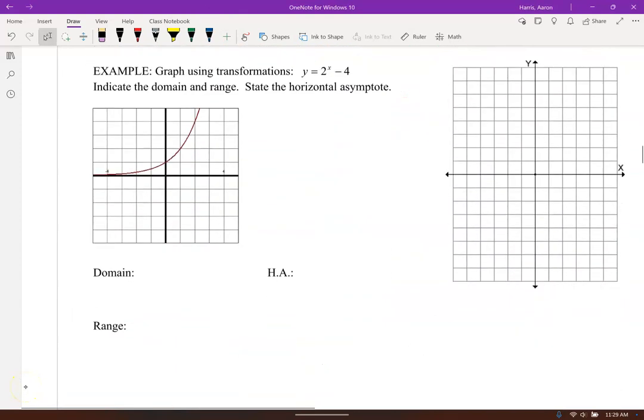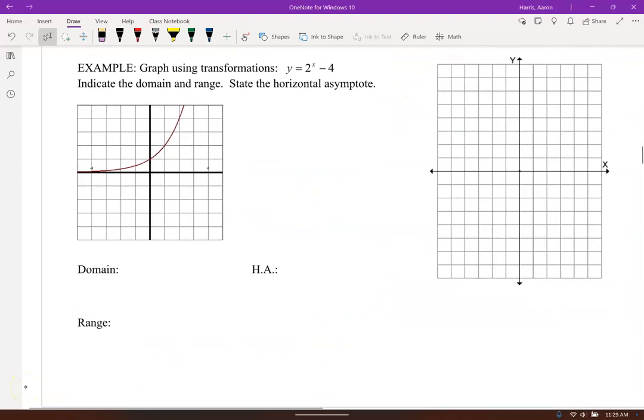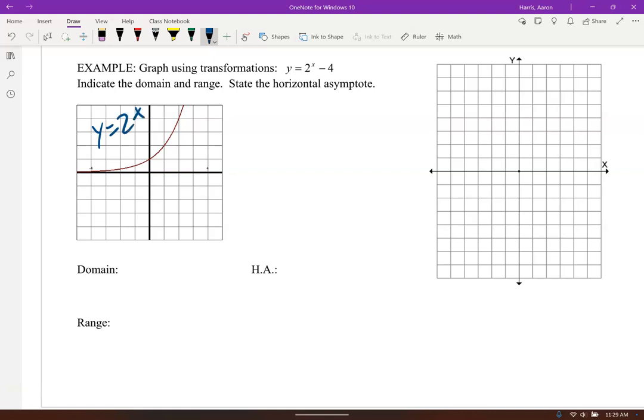All right, let's take a look at some transformations now. So 2 to the x and 2 to the x minus 4. So if you remember, the original 2 to the x is right here. So here's our parent function, right? So what would the minus 4 do? Well, we know that would just be a vertical shift down 4, right?